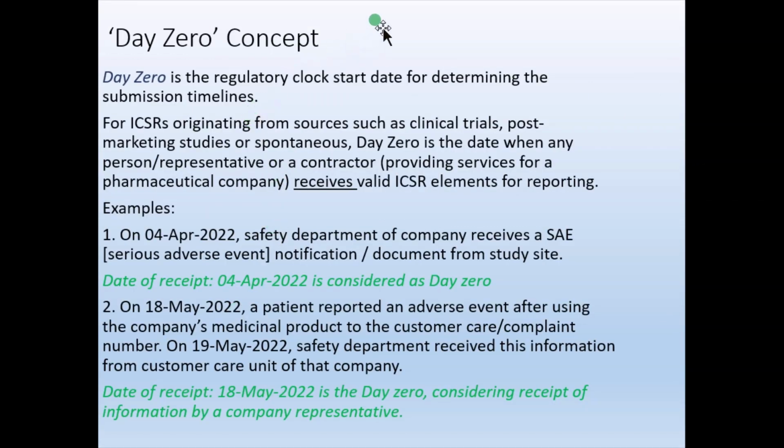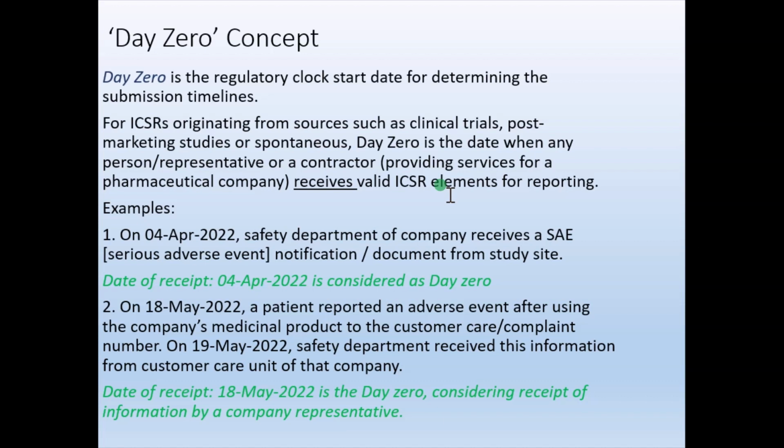Now, let's look into the concept of Day Zero in ICSR. Each and every pharmaceutical company or MAH has the obligation of submitting valid ICSRs to health authorities of the respective countries where the product has been licensed for marketing. An ICSR has to be submitted to the health authority in a specified timeline depending on local submission requirements.